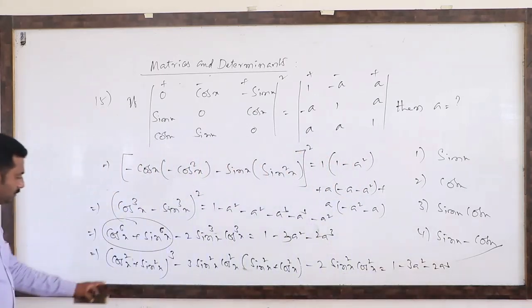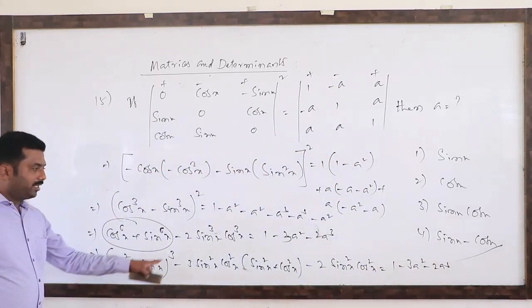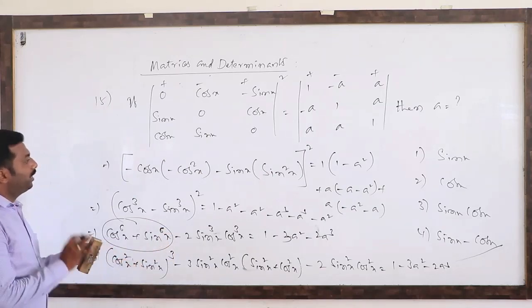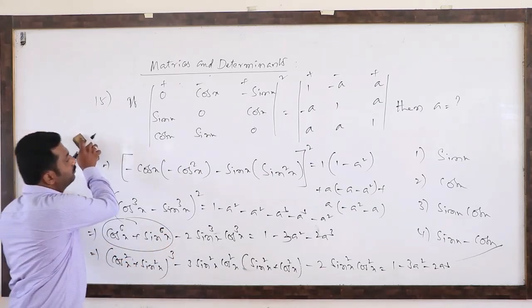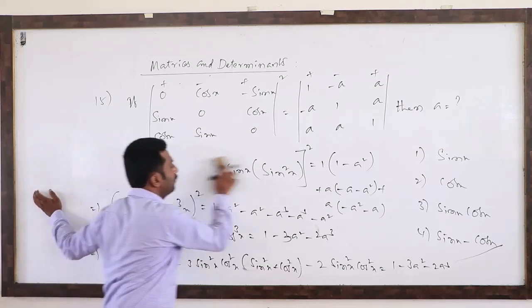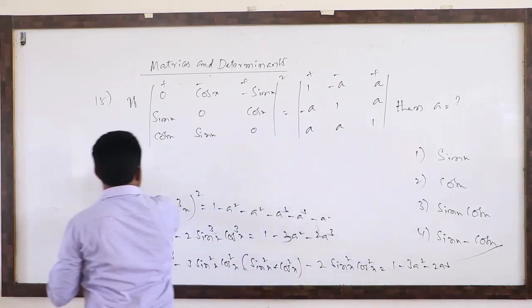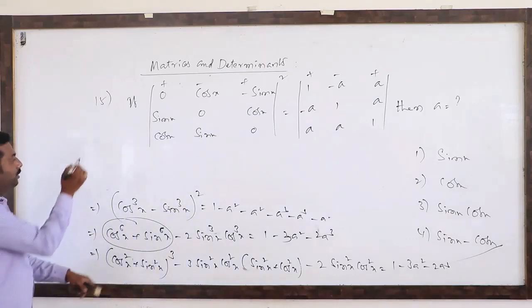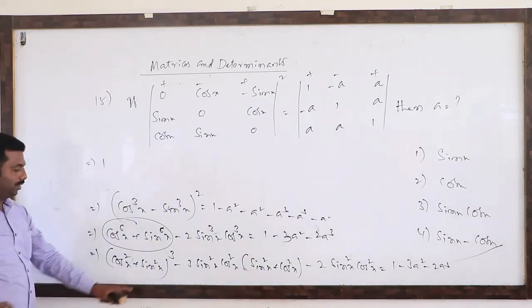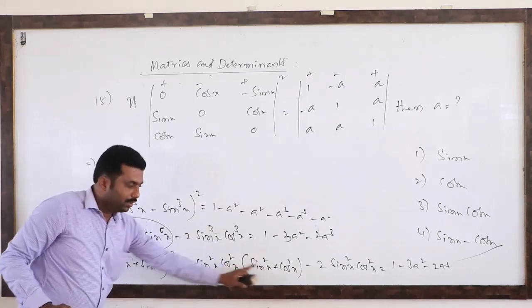Listen, cos square x plus sin square x means 1. So final answer I am writing. This is 1, so this is also 1.